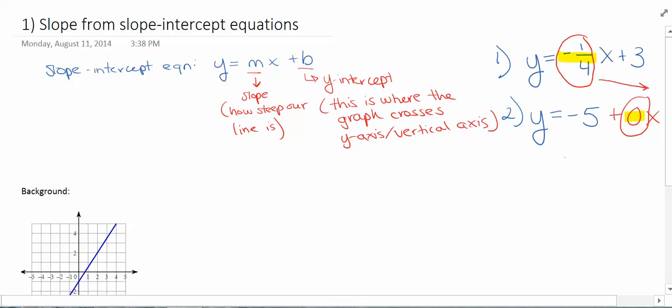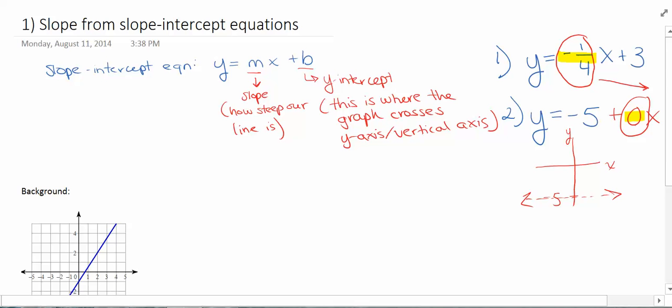Okay, and that means for our slope is 0, this y equals -5, if you were looking at a graph, it actually just means that we have a horizontal line down here, x and y. Down here at -5, that means we have a horizontal line here. Okay, so for number 1, our slope is -1/4. Number 2, it is 0.